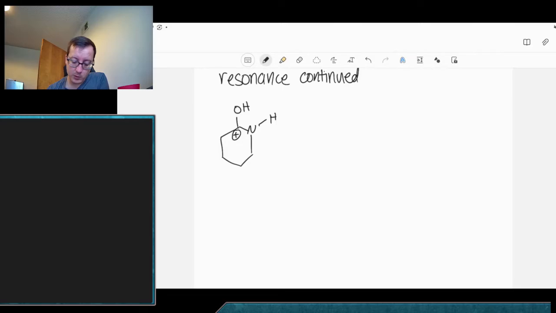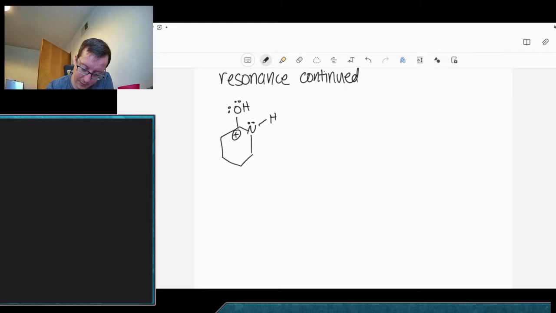So, looking at these, we're going to say, okay, well, we have to start resonance from either a double bond or a lone pair. In this molecule, we have no double bonds, but we do have some lone pairs. So, we've got two kinds of sites we can go for, our lone pairs here.